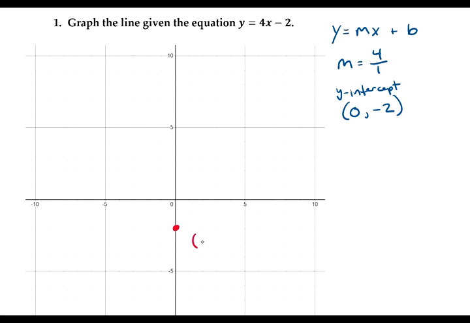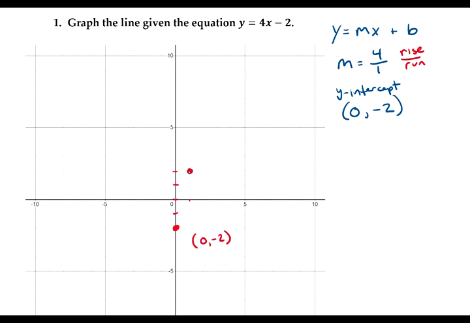And the slope of 4, or 4 over 1, is rise over run, or vertical change divided by horizontal change. So vertically, we go a positive 4, up 4: 1, 2, 3, 4, and that's over 1, so we go to the right by 1. So up 4 over 1 will give us that second point here.